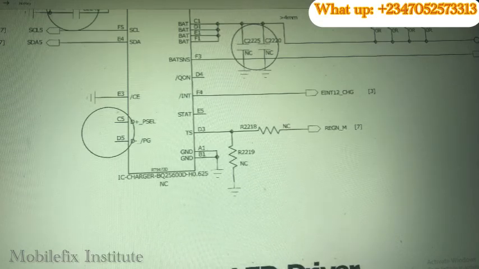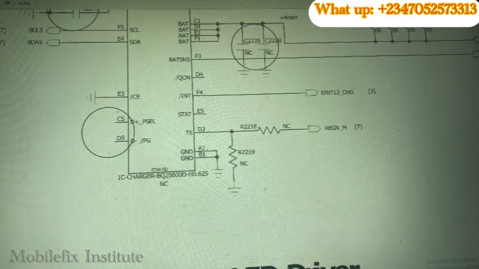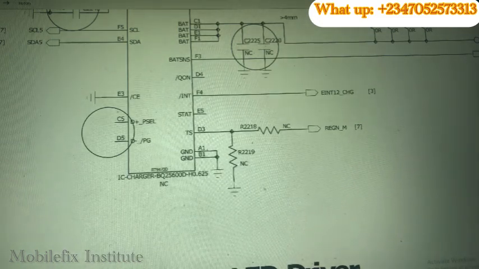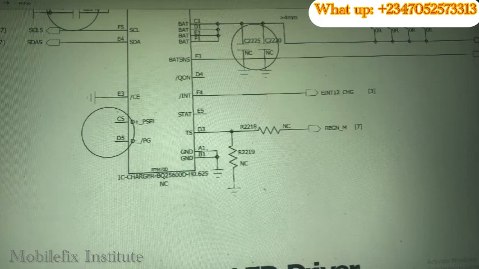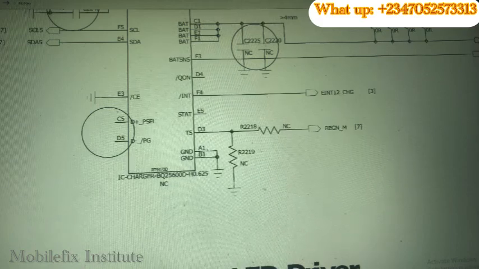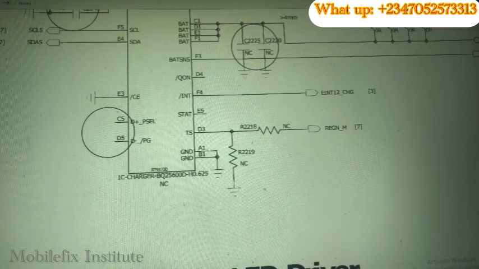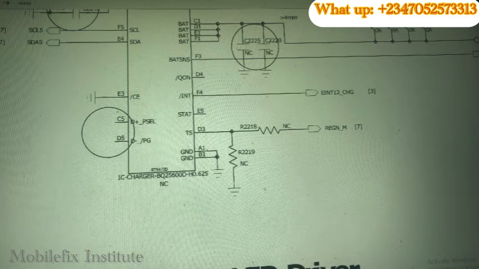So now this first resistor, R2218, on one side you get 5 volts, on the other side you get 2.5. If you don't have 2.5 on this other side, that means you check the value of that resistor. If it is not 10k, or if the value has changed, you cross check with the diagram and replace with 10k on each side.